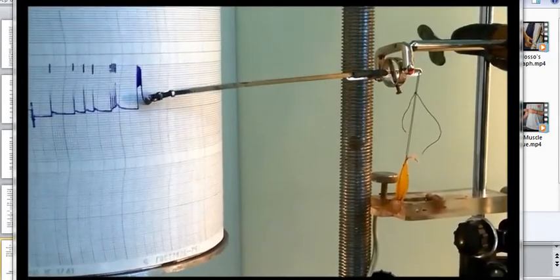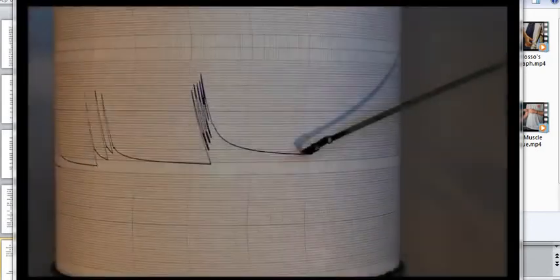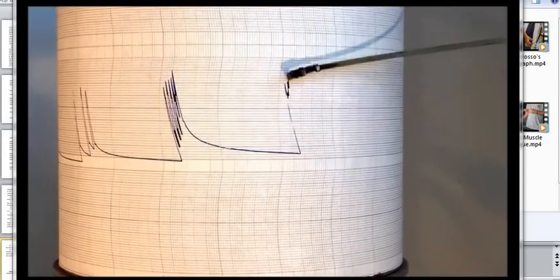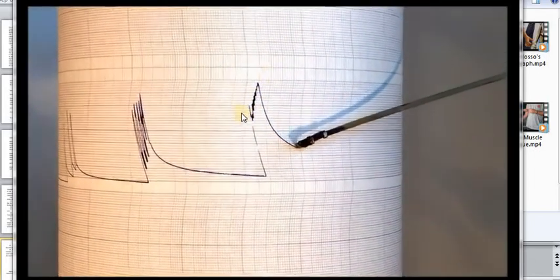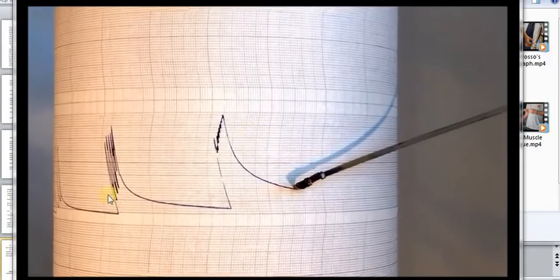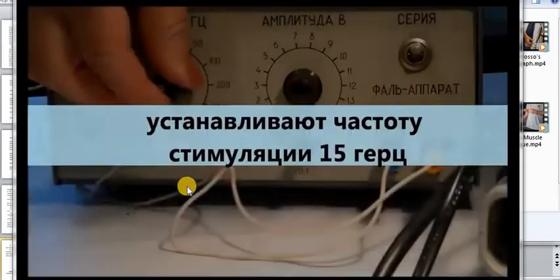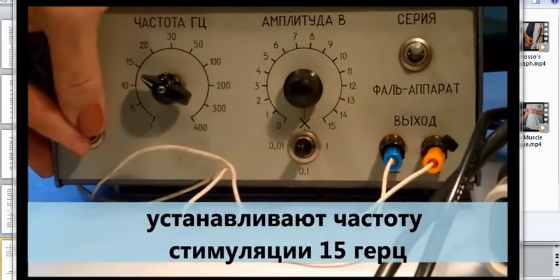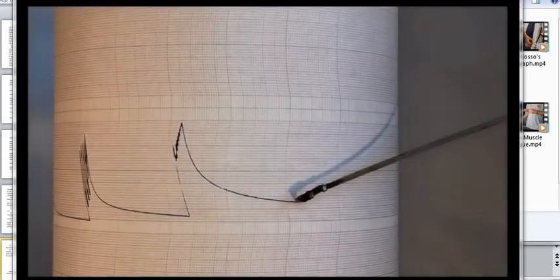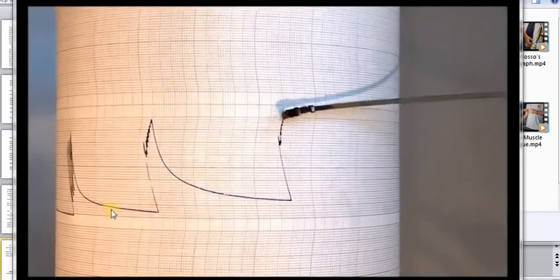If we take a higher frequency of stimulus, we have complete tetanus. Here you are.